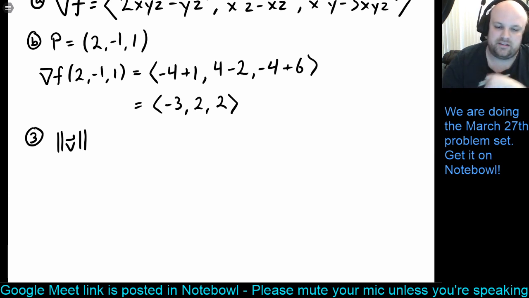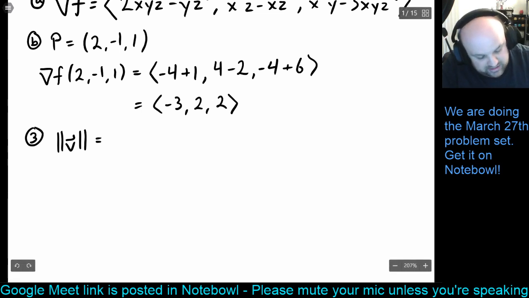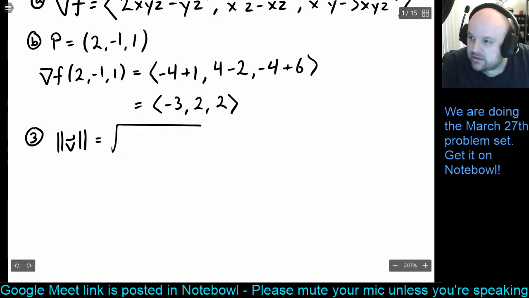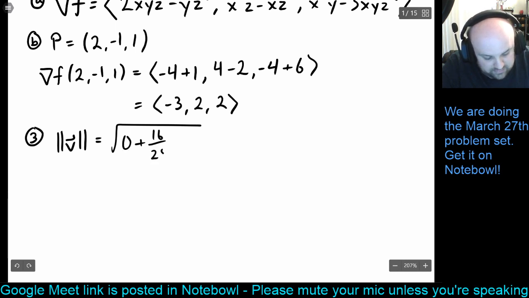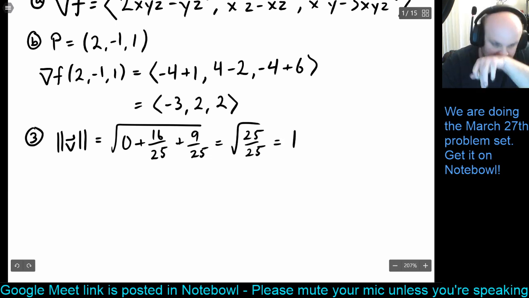We don't want the magnitude of the vector to affect that. So if we check, we get 0 plus 16 over 25 plus 9 over 25, which works out to be 25 over 25, which is 1. So it's a unit vector.